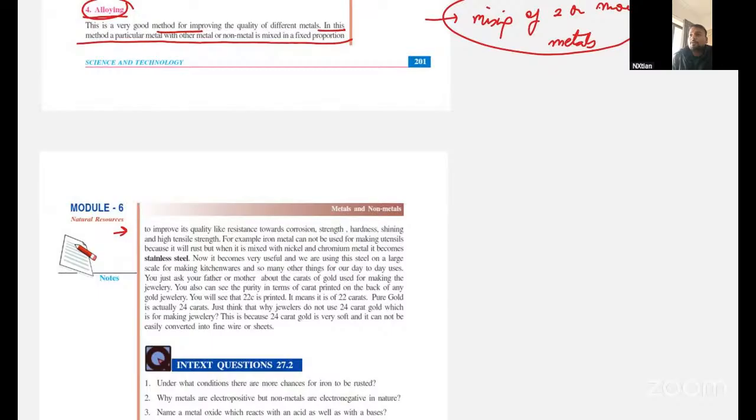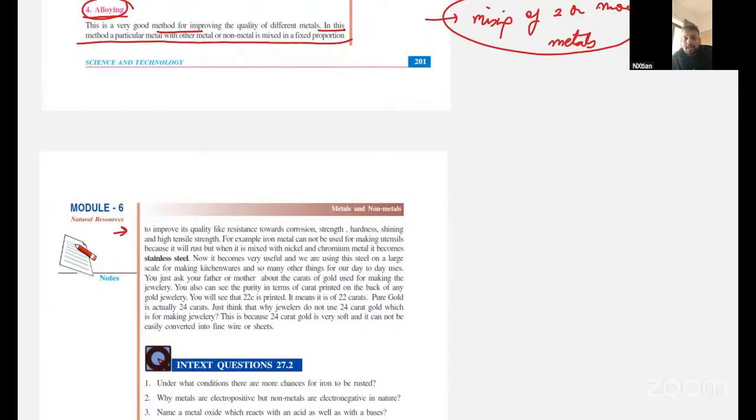In the same way, the gold that we buy is, for example, 24 karat, 22 karat, 20 karat, 18 karat. That is basically the mixing of copper or other metal into it. If it is 22 carat, then more copper is added into it. If it is 18 carat, then even more copper is added.